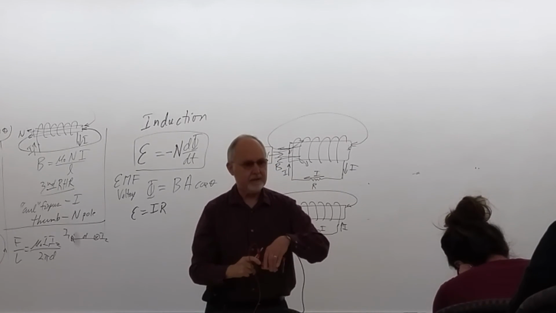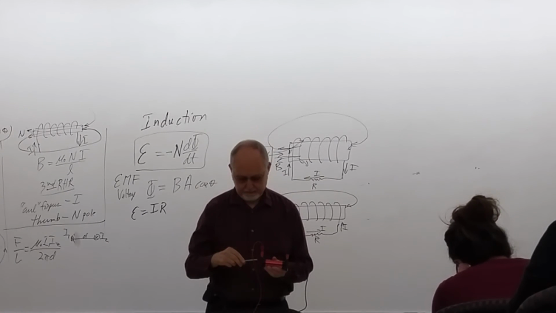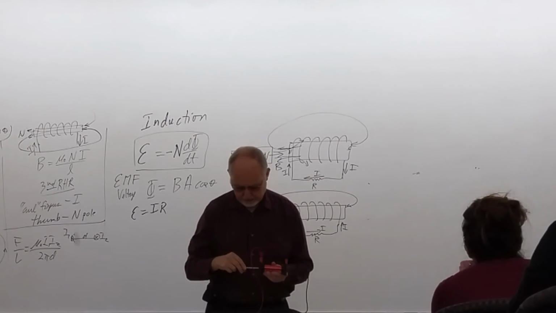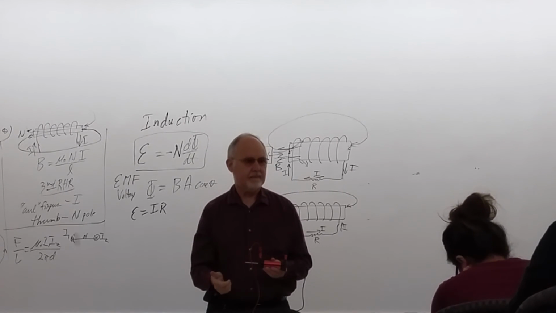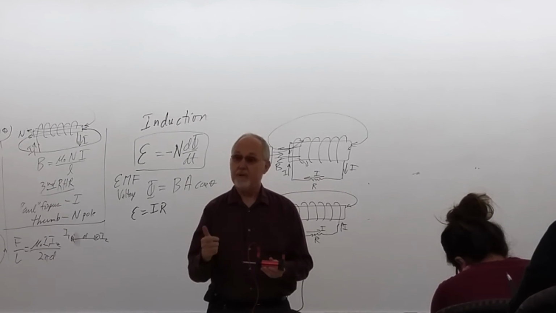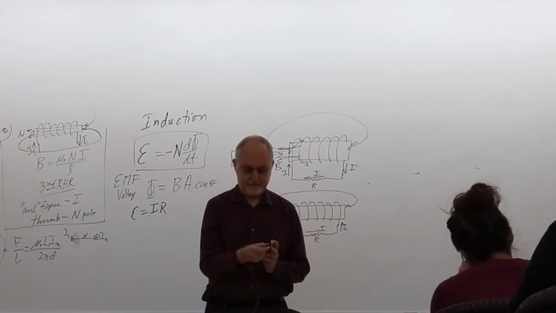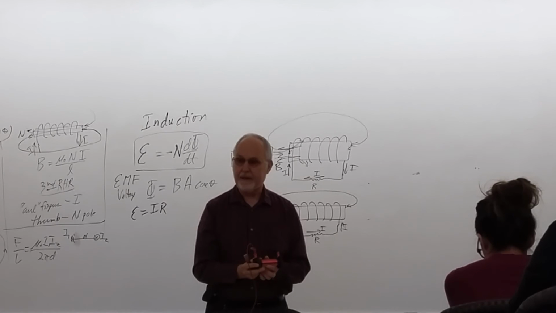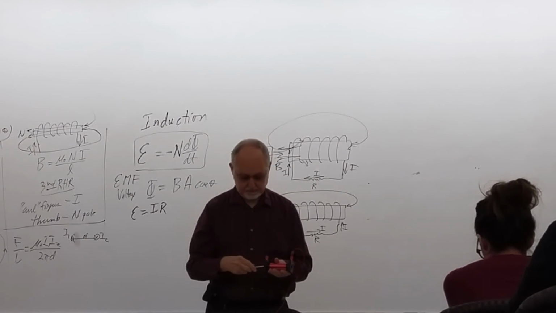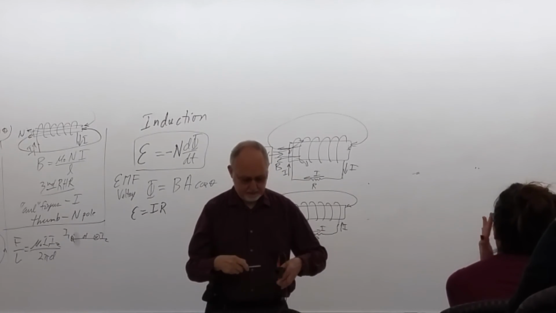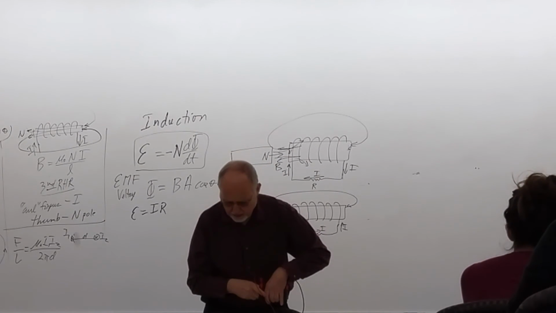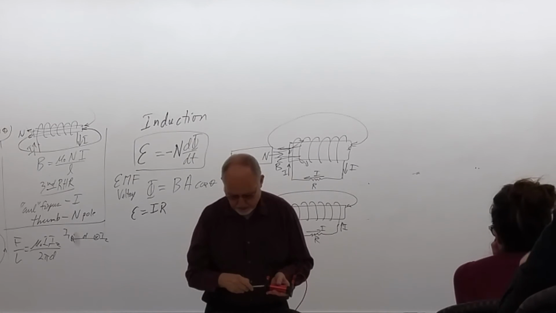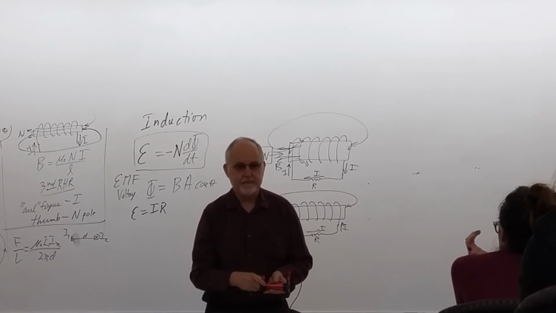If I turn the coil around and push the north pole in, now it goes to the left. So it's going the opposite direction when the coil is turned the opposite way. Excuse me, that one went to the left, and this one goes to the right.